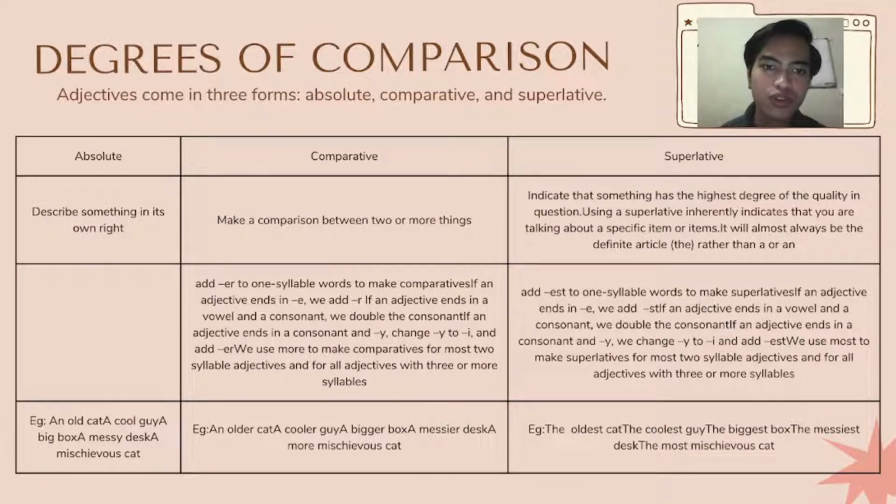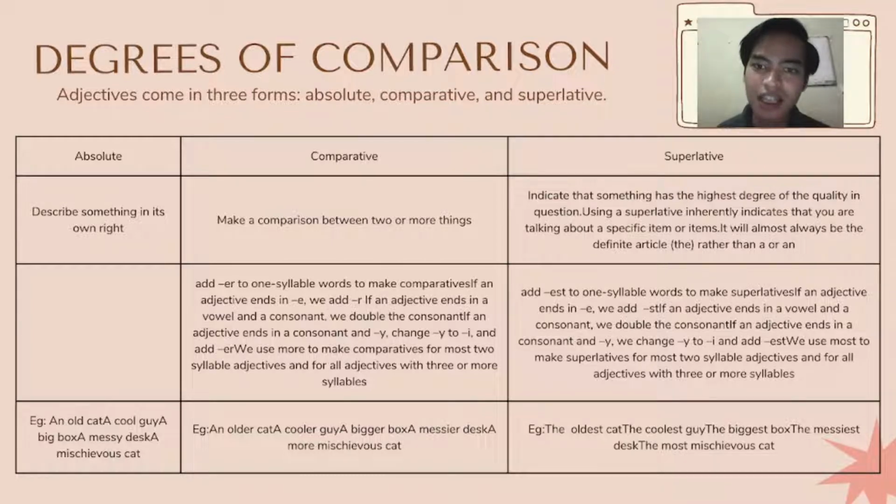We use more to make comparative for most two-syllable adjectives and all adjectives with three or more syllables. And as for superlative, the modification for the words is by adding est to one-syllable words to make superlative.